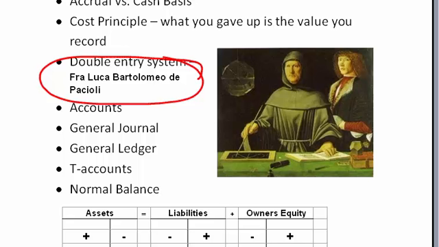The idea is that every transaction, every economic event you record, affects at least two accounts. The accounts are every piece of paper that we're going to keep track of dollar values on. So each pot of money becomes an account. Cash is an account, accounts receivable is an account, accounts payable, land, building, common stock, etc. They're all accounts that we're going to keep track of.